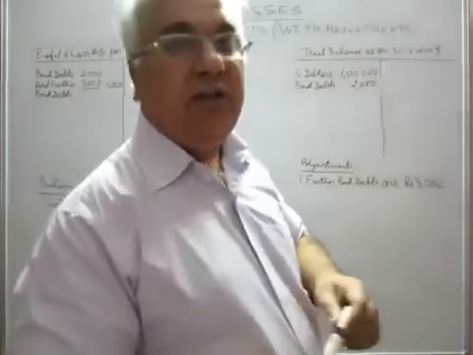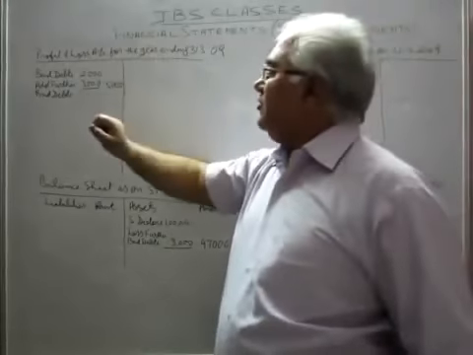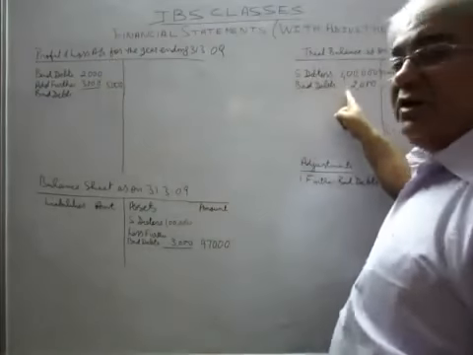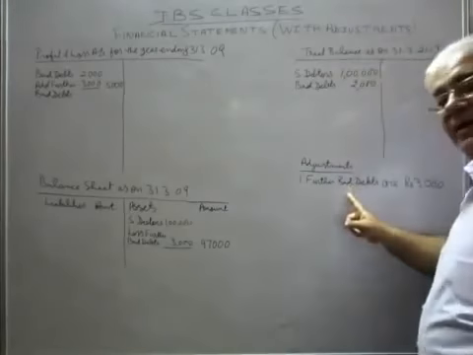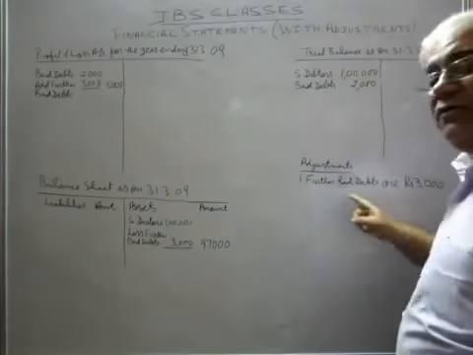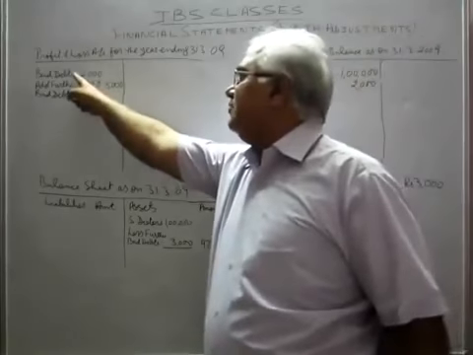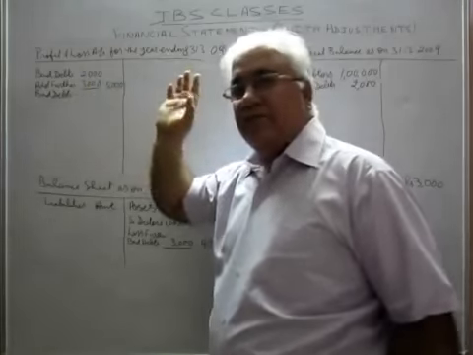Now how you will show this in profit and loss account? In the profit and loss account, you will show bad debts 2000, which were in the trial balance, and the bad debts given in the adjustments are called further bad debts, and further bad debts will be added to the earlier bad debts and total will become 5,000.